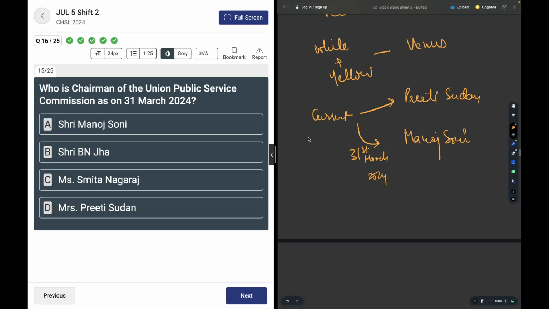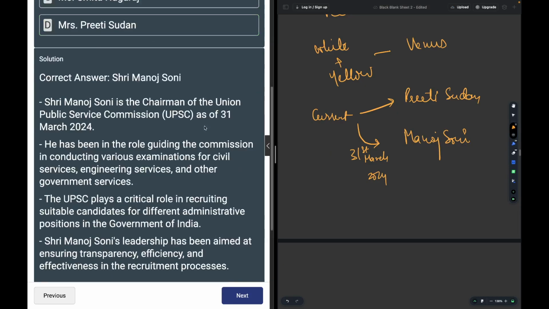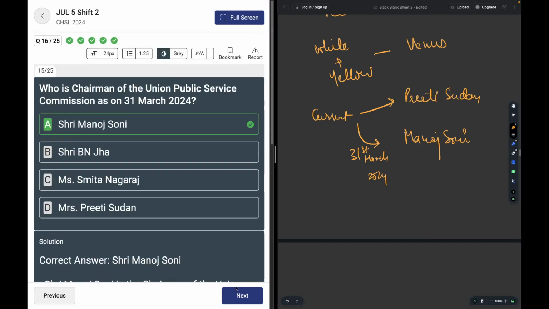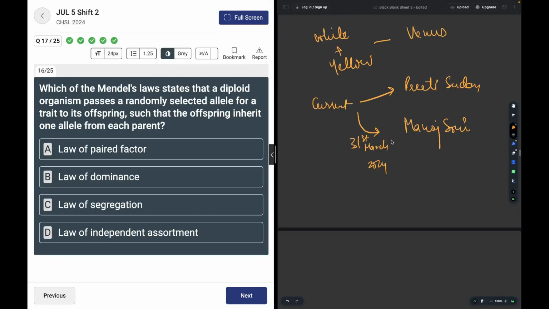So Manoj Soni is the correct answer over here. Okay, moving on. She's not the current, but she's the upcoming chairman, because Manoj Soni has already put down his papers.